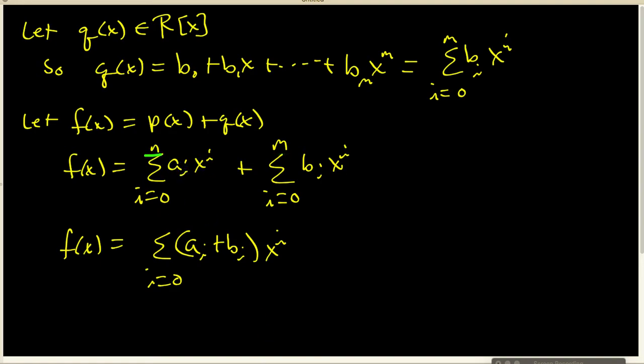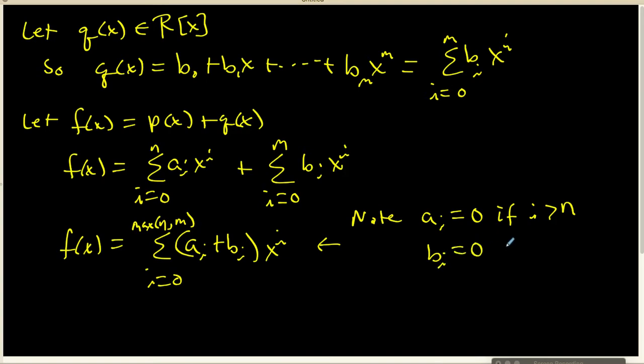So the way I'm going to write this is that I need to go to the maximum of n and m, and I'm also going to define that a sub i is going to be 0 if i is bigger than the biggest of my actual legitimate a's, and b sub i is going to be 0 if i gets bigger than the degree of Q. And let me make that notation just a little bit clearer.